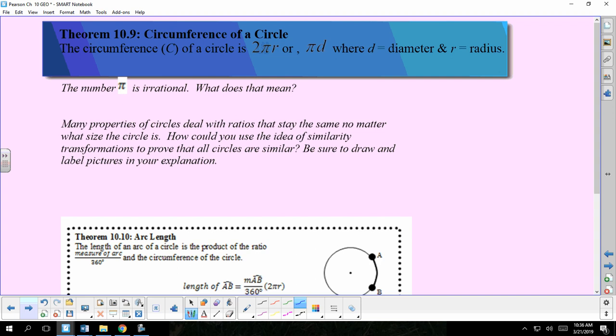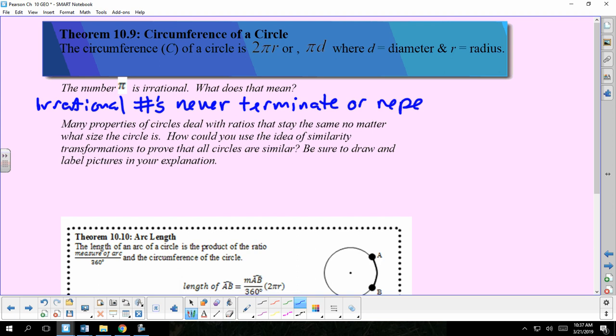Irrational numbers never terminate or repeat. They can keep going on and on forever. These numbers are best expressed in terms such as pi, or in terms of radicals. We see a lot of radicals turn out to be irrational numbers.